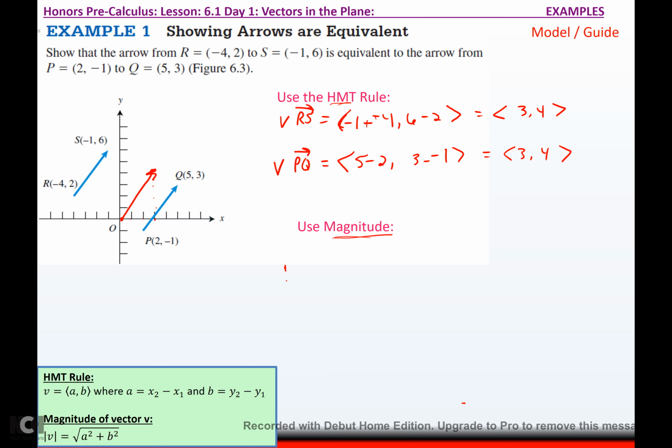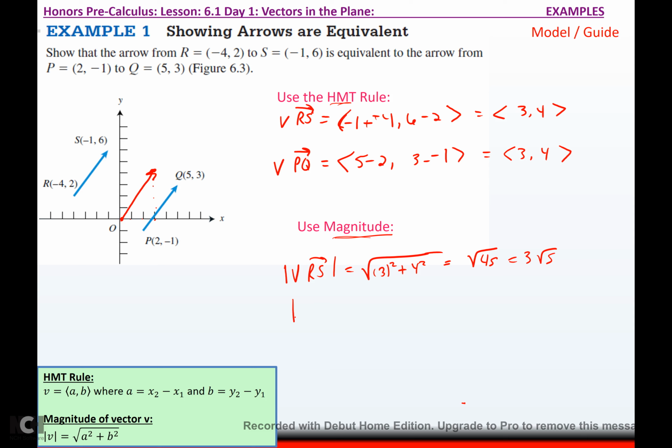If I do the magnitude of vector RS, I would have the square root of 3 squared plus 4 squared, which would be the square root of 45, which would give me 3 square roots of 5.